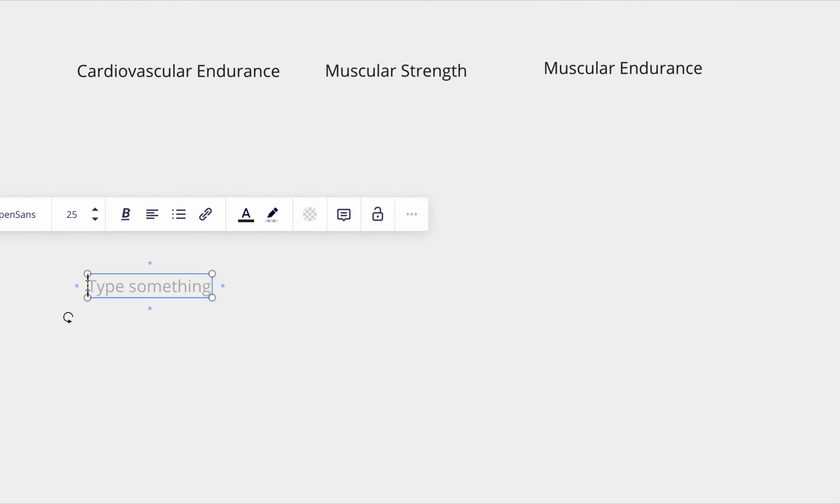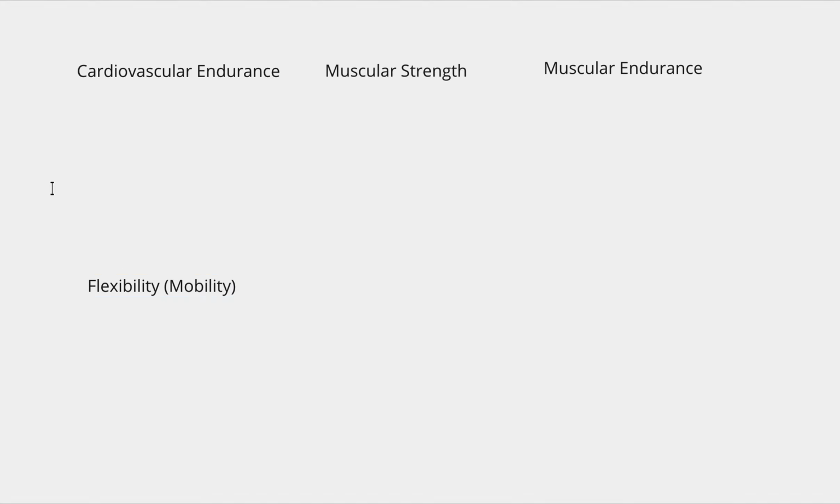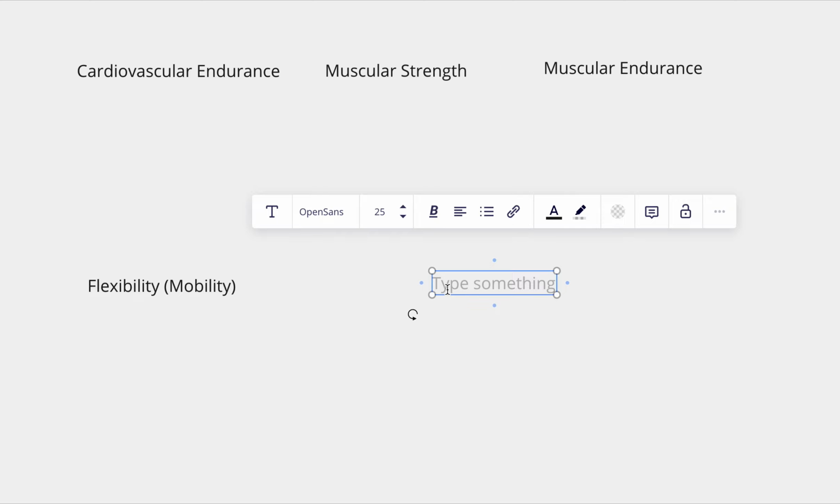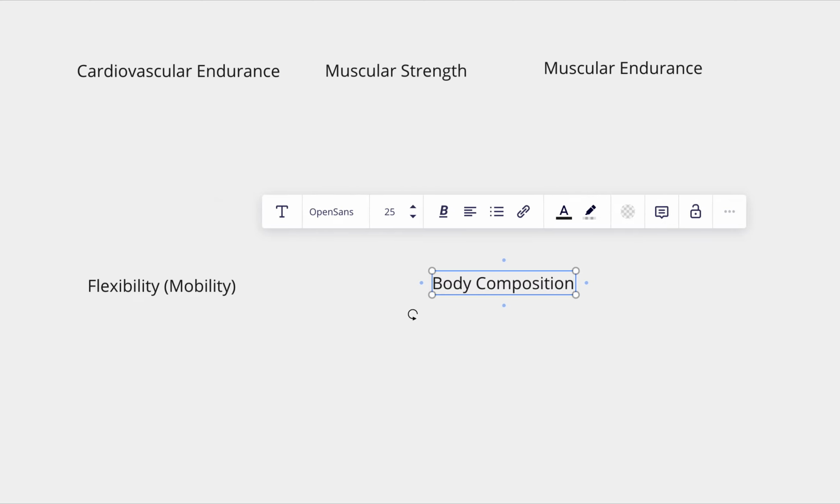The fourth component of fitness to talk about is our flexibility, and I like to throw in a little bit of mobility because they are different. And then the last component of fitness that is often overlooked, especially by young athletes, is the body composition. What is your body composed of?